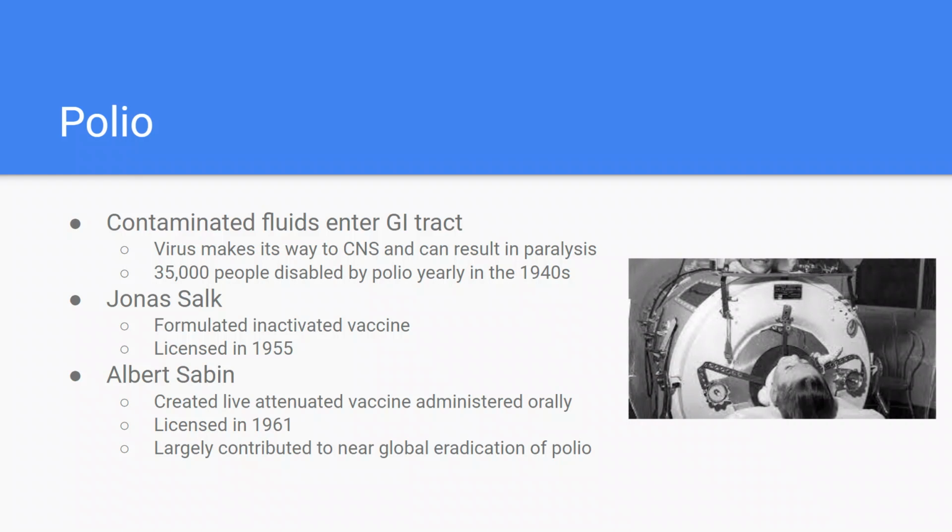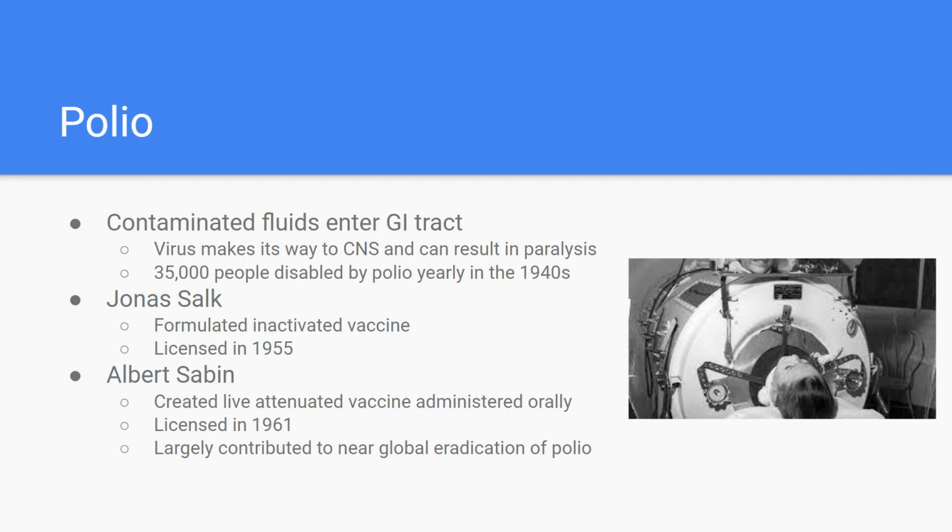Jonas Salk formulated the first vaccine against polio. This was an inactivated vaccine involving injection, and this was licensed in 1955 and was hailed as essentially a savior. However, there were some issues with that.